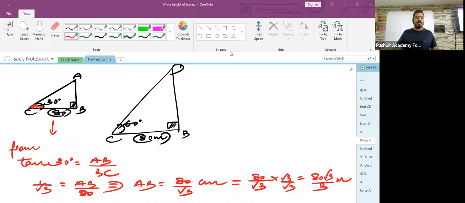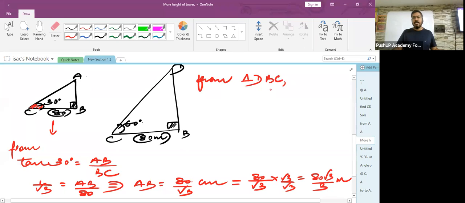Now, the next part, children. From triangle DBC. Which function, children? Same tan function? Yeah, because opposite and adjacent is involved, right? So tan 60 is equal to what?